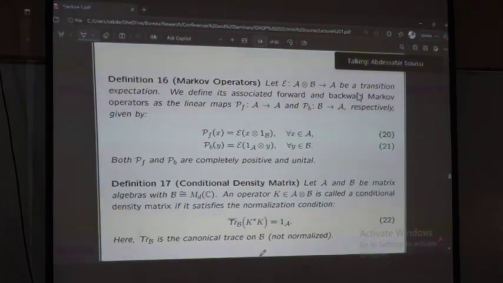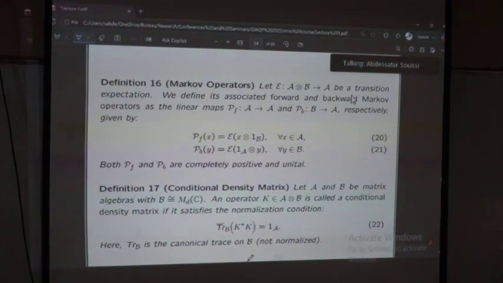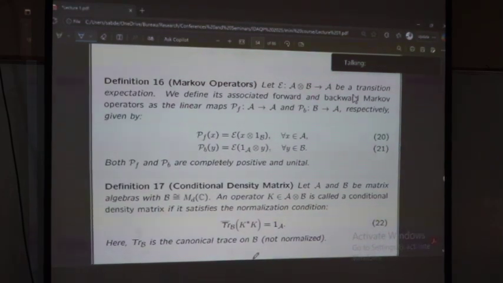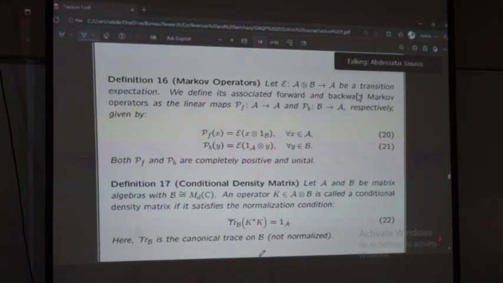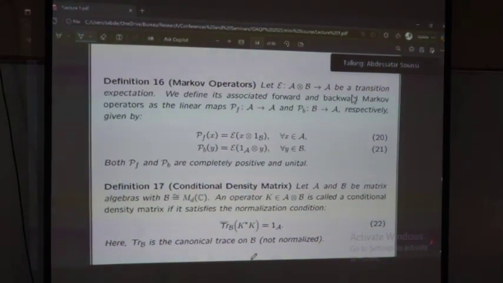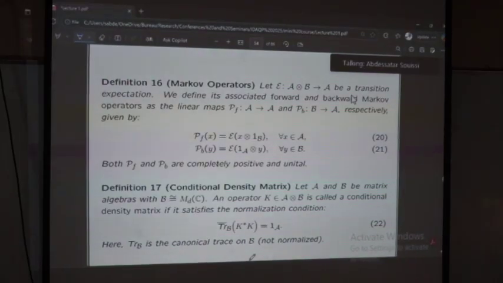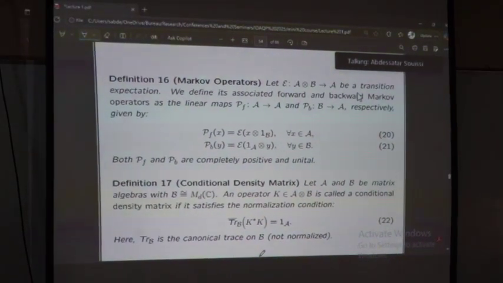And an important question concerns the reconstruction of E given the two macro operators, the backward and the forward. Is it possible to reconstruct E?